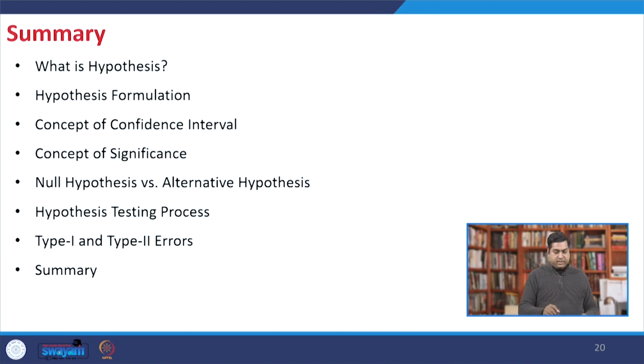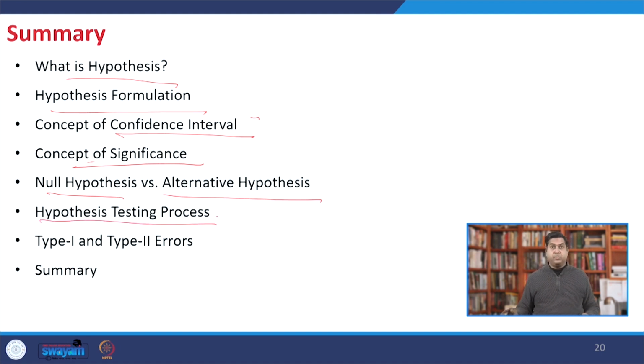We have discussed the hypothesis, hypothesis formulation, confidence interval, significance level, null hypothesis, alternative hypothesis, hypothesis testing process in terms of test statistics, or you can say the significance level, and then type 1 and type 2 errors, which are a very important aspect, and we discussed with certain examples. You just need to thoroughly check those logical statements, and then decide type 1 and type 2 error.